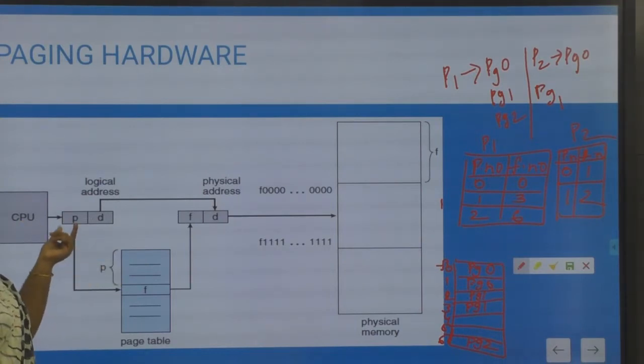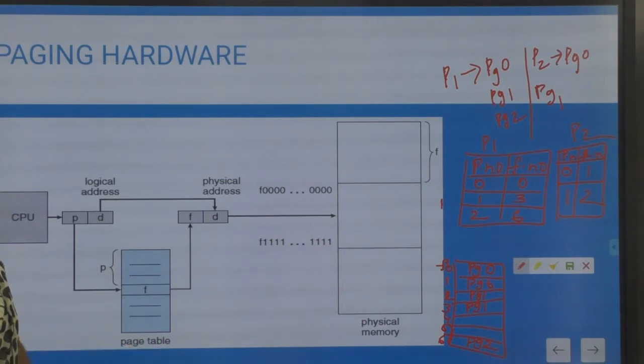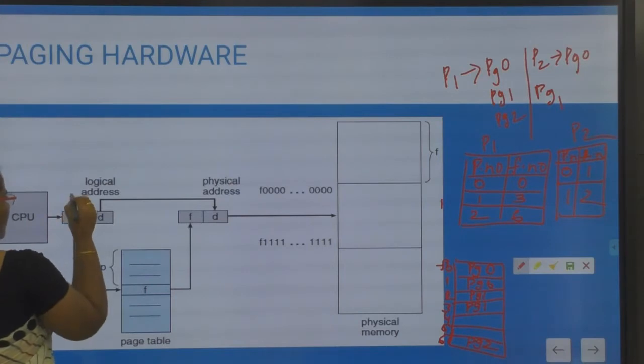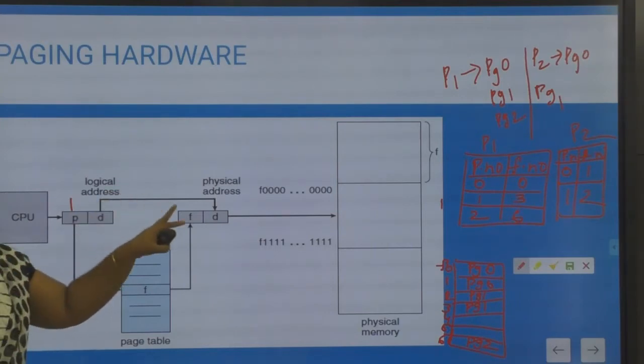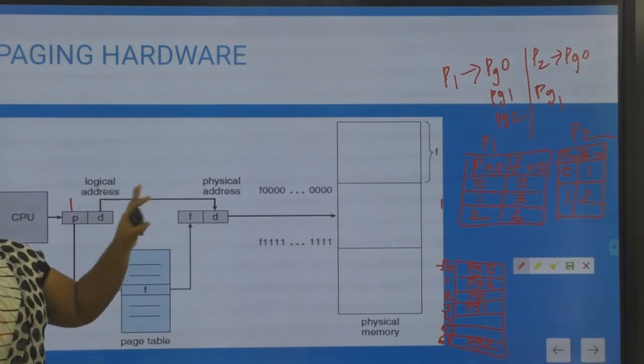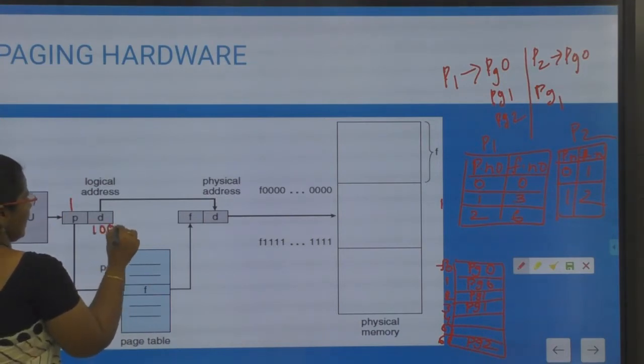If I want to execute, say for example, page 1 of process 1, my page number will be 1. The offset is which byte in that particular page I want to execute.